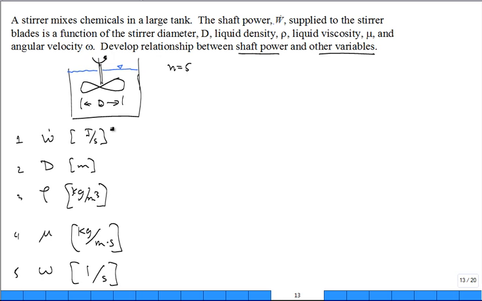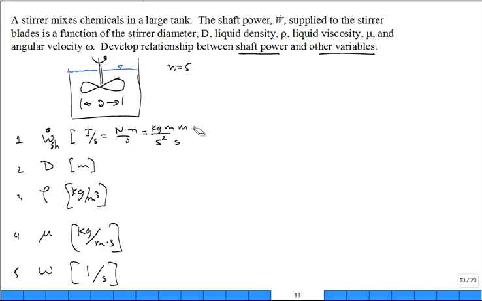So what is W dot? What is that shaft power? If you want, you put W dot SH for shaft power, just to know what it is. So it's joule per second, which is a joule is a Newton meter per second, which is what? Kilogram meter per second squared meter per second. Am I doing it right?